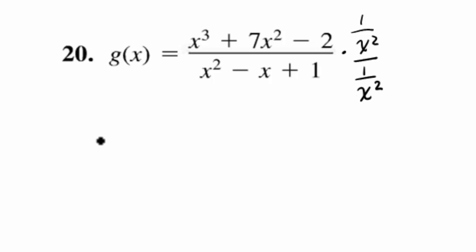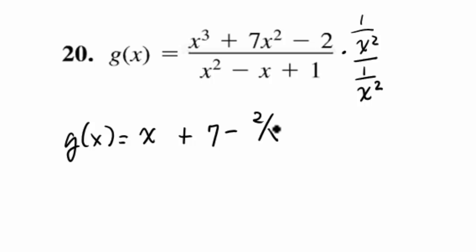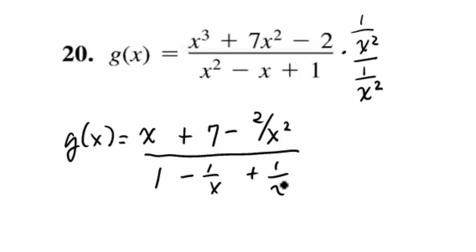And g of x becomes x cubed divided by x squared, so you're left with x, and 7x squared divided by x squared is 7, minus 2 over x squared. The whole thing is divided by 1 minus 1 over x plus 1 over x squared.